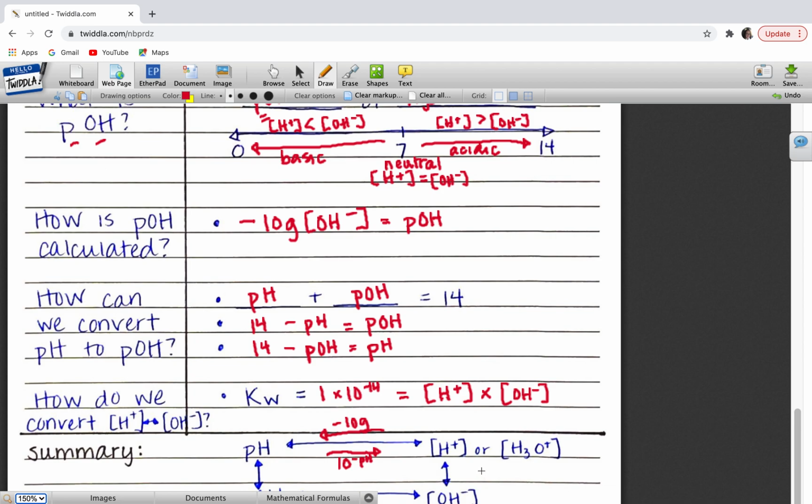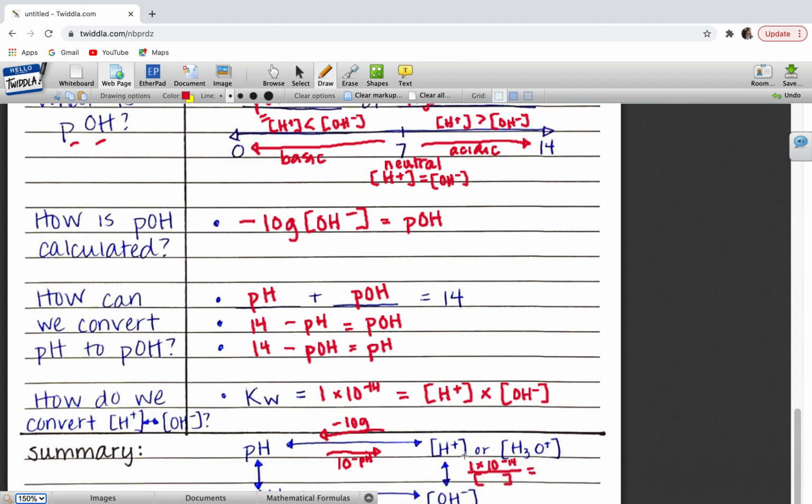Again, if I have hydrogen ion concentration and I want to turn it into hydroxide ion concentration, we can use Kw. So here I would do 1 times 10 to the negative 14th divided by the one I know, the one I have a value for, and that would give me the other.